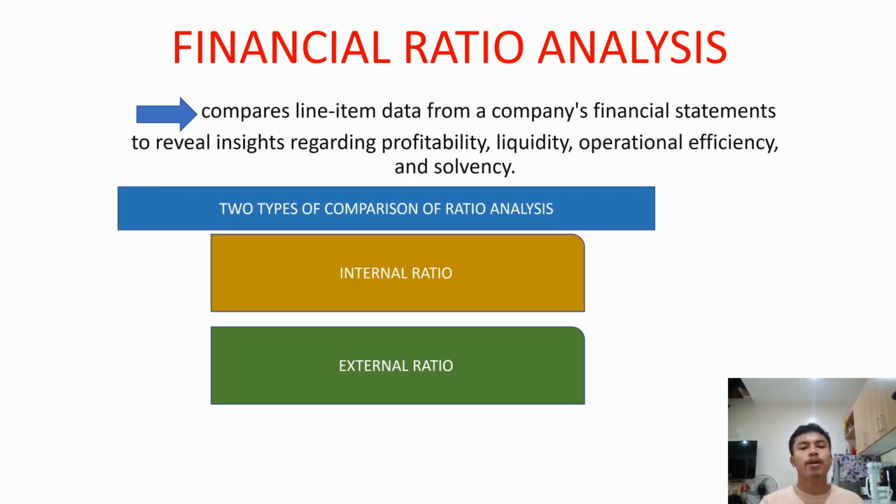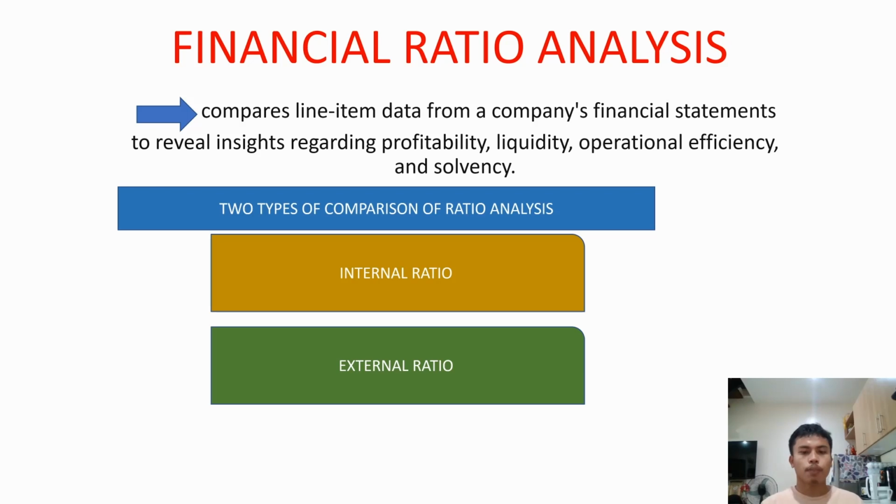It compares line item data from a company's financial statements to reveal insights regarding profitability, liquidity, operational efficiency, and solvency. It is also a careful study of the different items in the financials and their relationship with each other, providing indicators that lead to meaningful analysis of the operations of a company or enterprise.